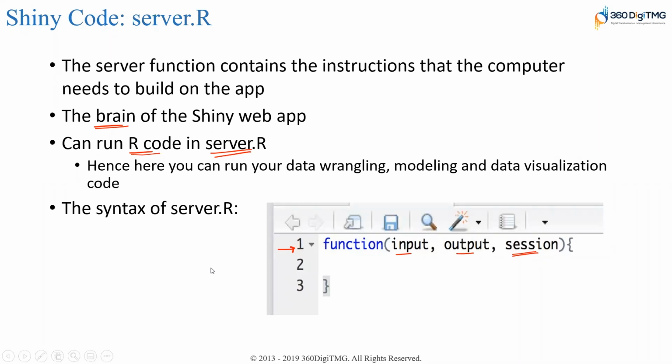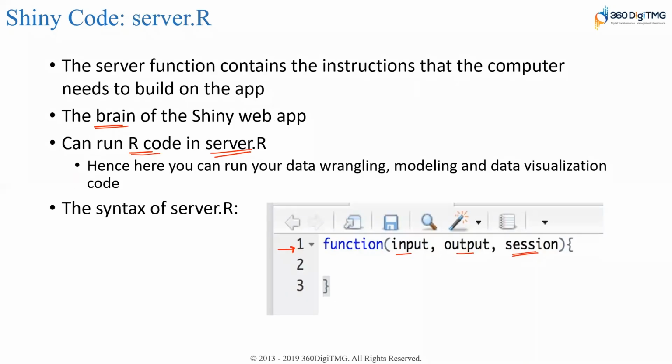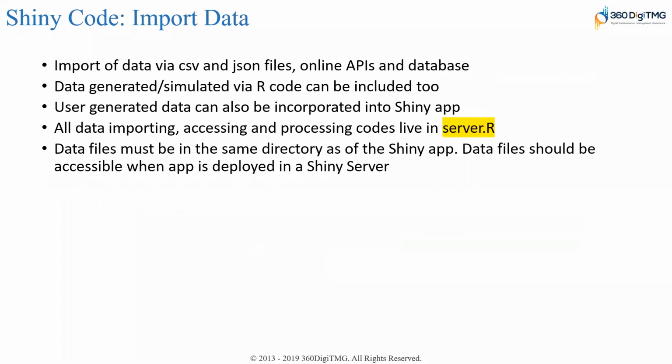So the default syntax for UI, the user interface, is fluidPage, and you just give the widgets or the inbuilt logic that are available in Shiny. And here you are passing your R code based on the data. And then I have, as I said, the Shiny app application.